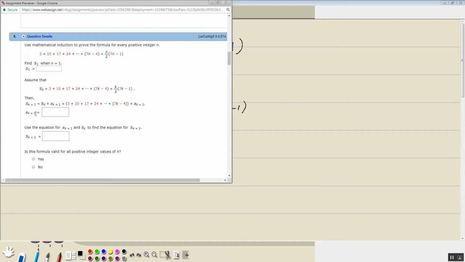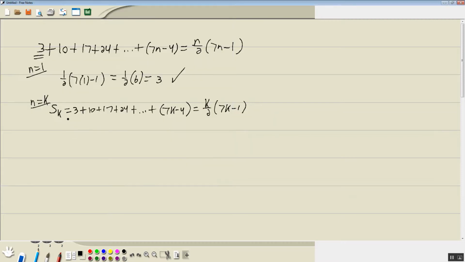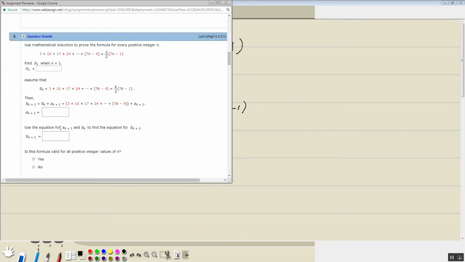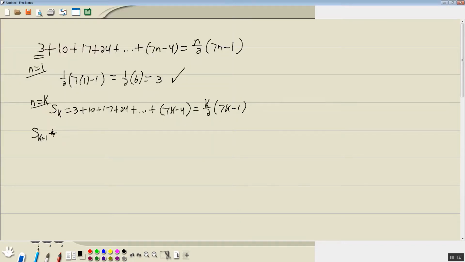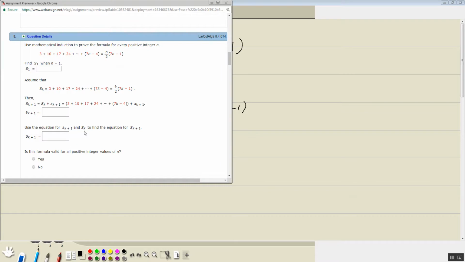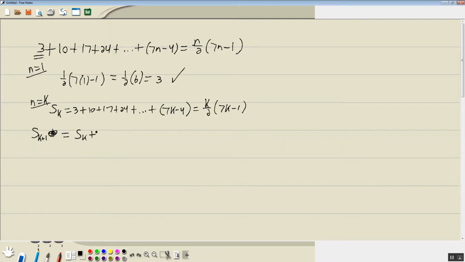So then they're guiding you along here. They say find this entry here. Now we got s sub k plus 1 is equal to s sub k plus a sub k plus 1.